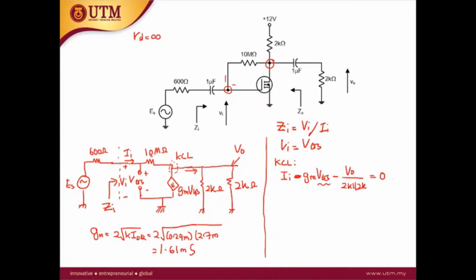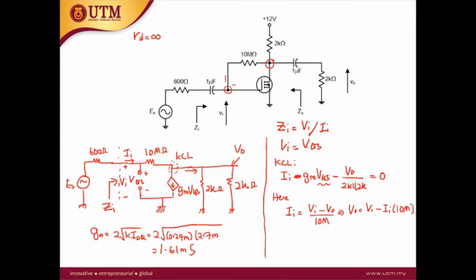So the current at the 10 mega ohm is II. So II is equal to the voltage across it, VI minus V out, since this point is VI and this point is V out. So VI minus V out over 10 mega. This will give you V out equal to VI minus II times 10 mega. Okay.